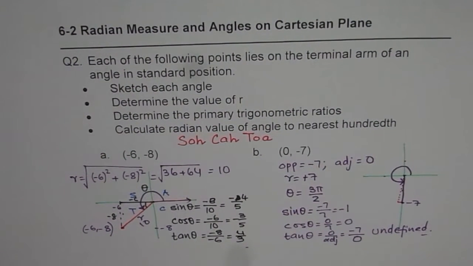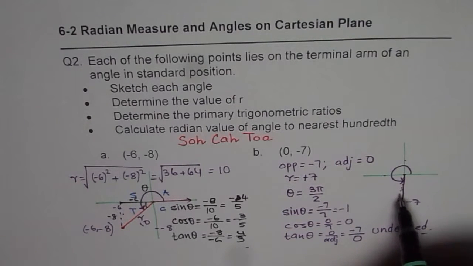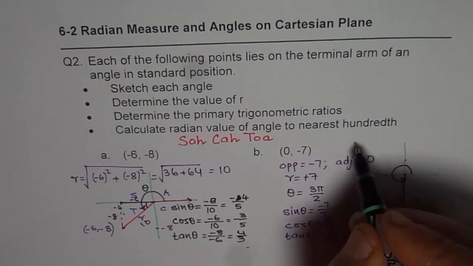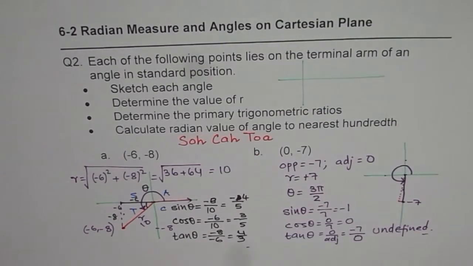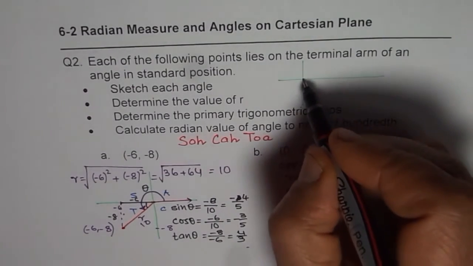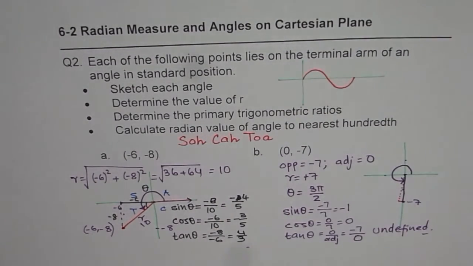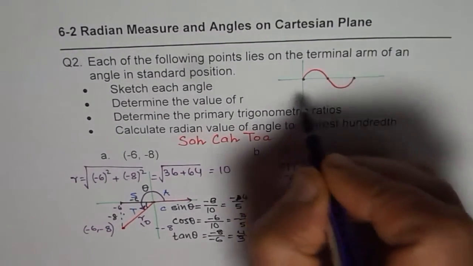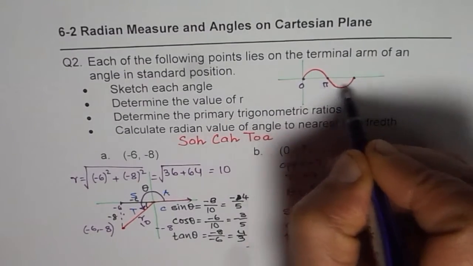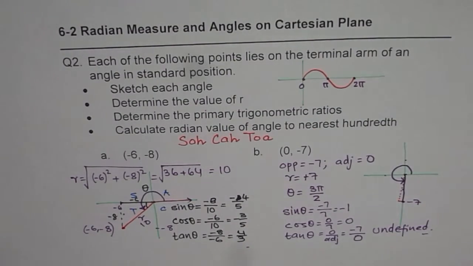My recommendation is that whenever you're dealing with 0, 90 degrees or pi by 2, you should actually see how the function behaves. Sine theta, for example, is a function which is like this. As you can see, it is 0 at these 3 points, which are 0, pi and 2 pi.